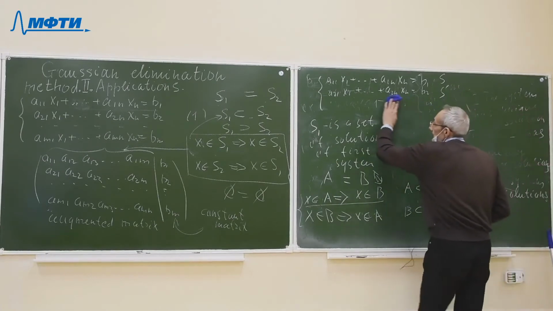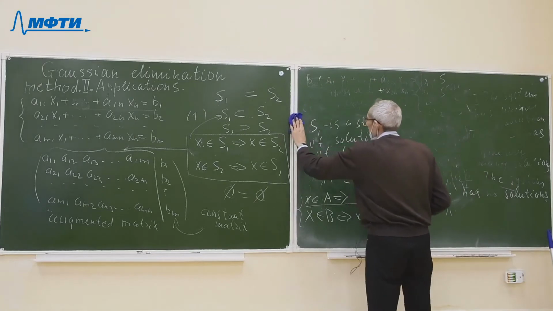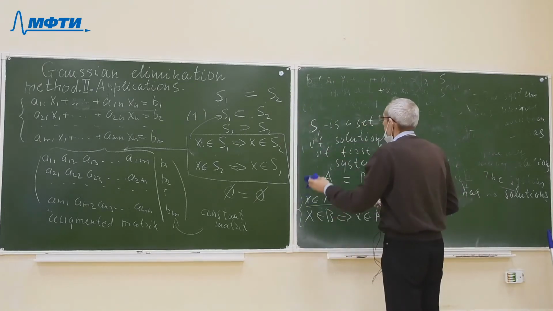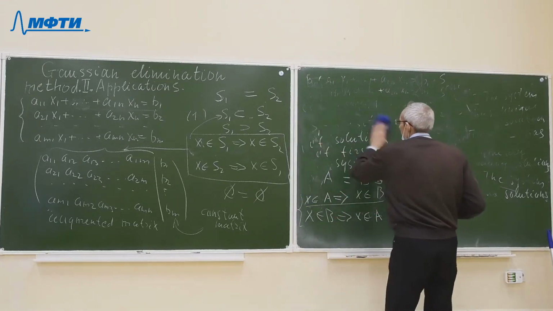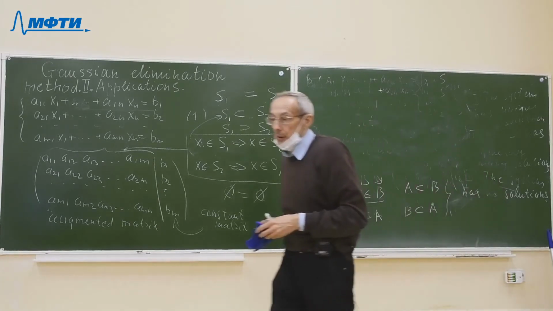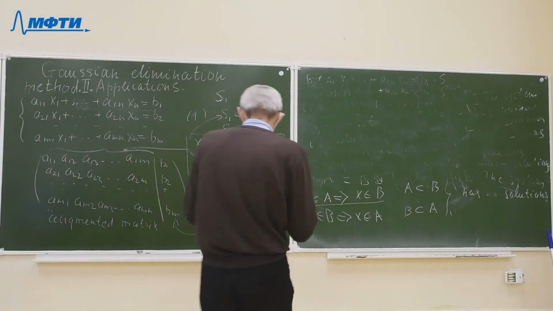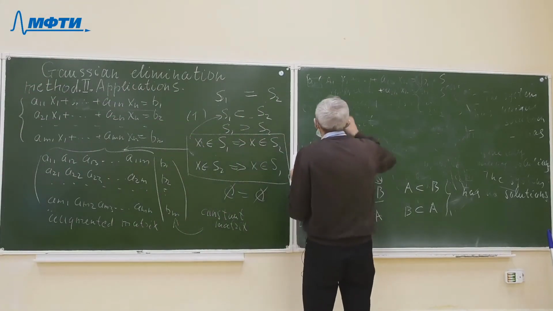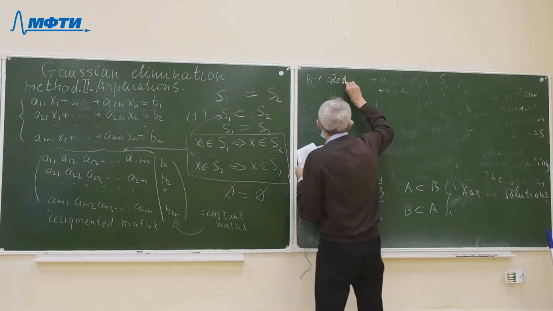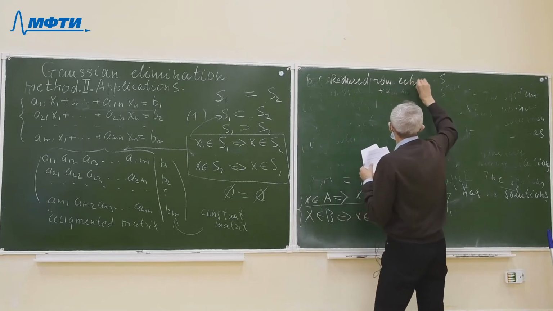And okay, I recall the definition of the so-called reduced row echelon form.